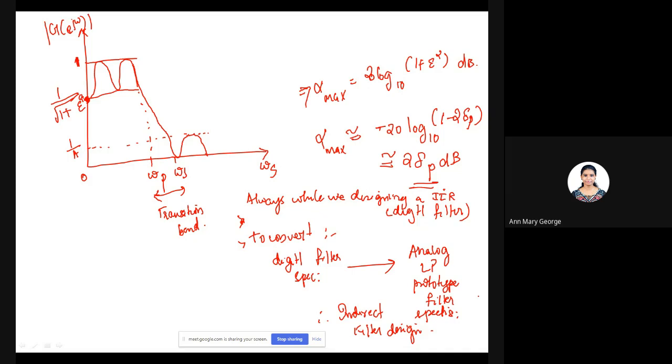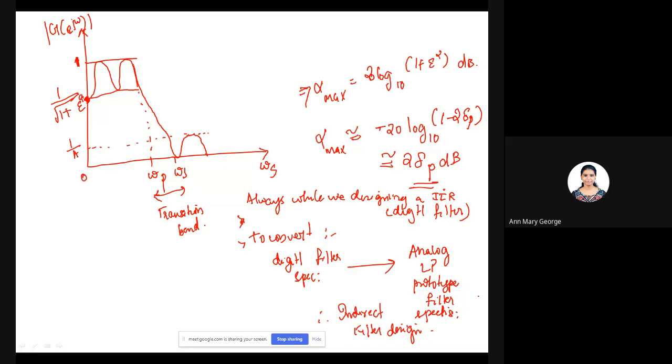Then, last, you have to transform the obtained analog low pass filter to the desired digital filter.